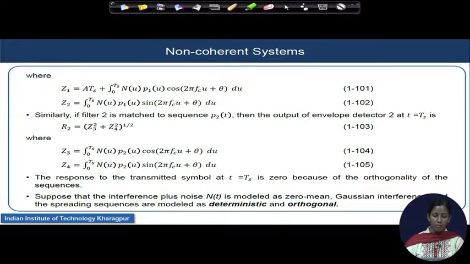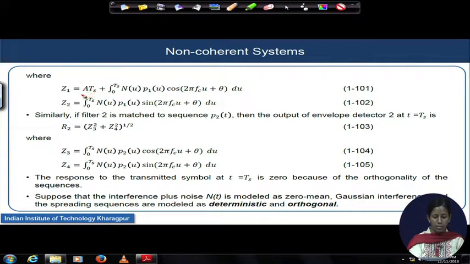Z1 is nothing but the intended signal section plus the noise over the interval of interest, which is spread by the sequence as well as multiplied with the cosine function. Z2 is the noise contribution on the orthogonal part.